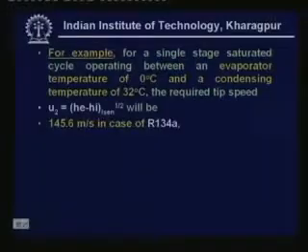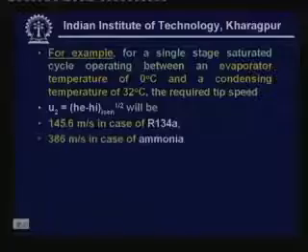You can find this from the refrigerant property tables, and if you substitute these values, you find that the required tip speed will be 145.6 meters per second in case of refrigerant R134a, and 386 meters per second in case of ammonia.